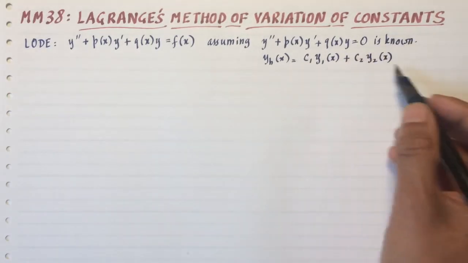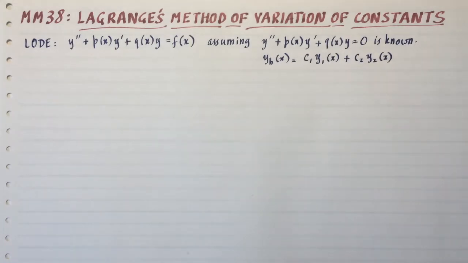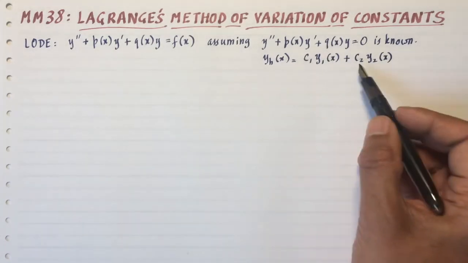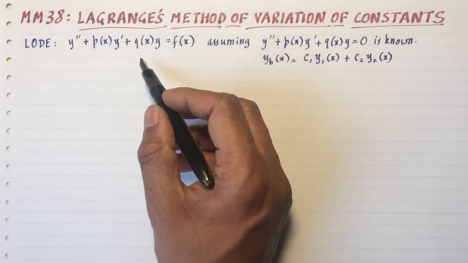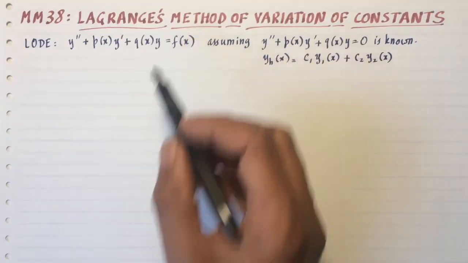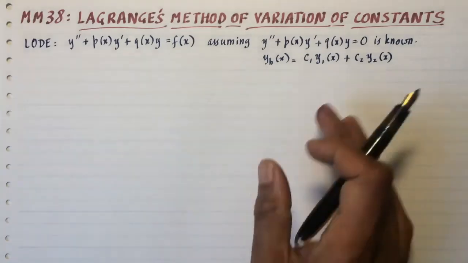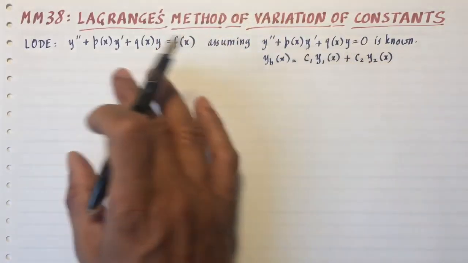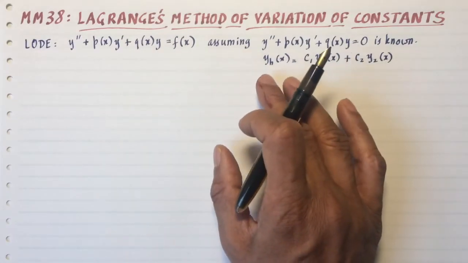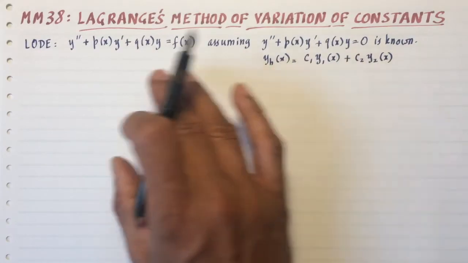So that's supposed to be known through other methods. And once we know that, let's try to find the particular solution to the problem of having f of x on the right side. So that's called the general solution, and that's called the particular solution. And the final solution for this is going to be the combination of the homogeneous and the particular solution.